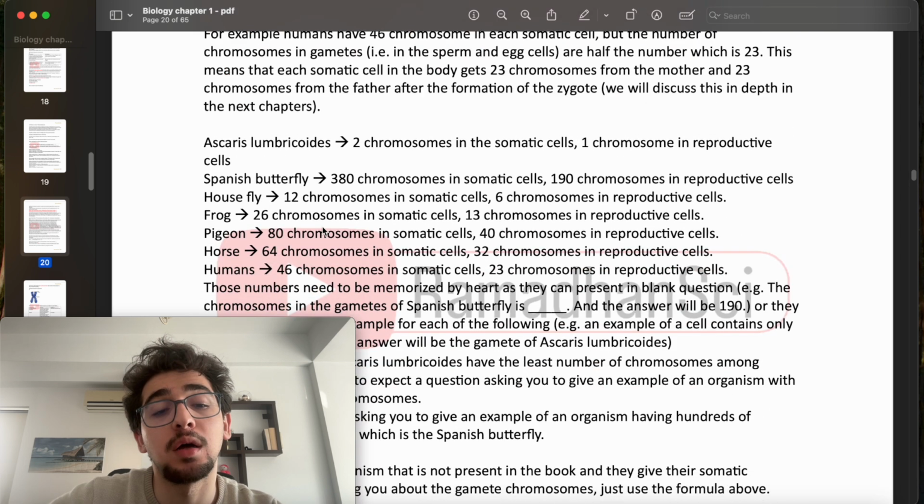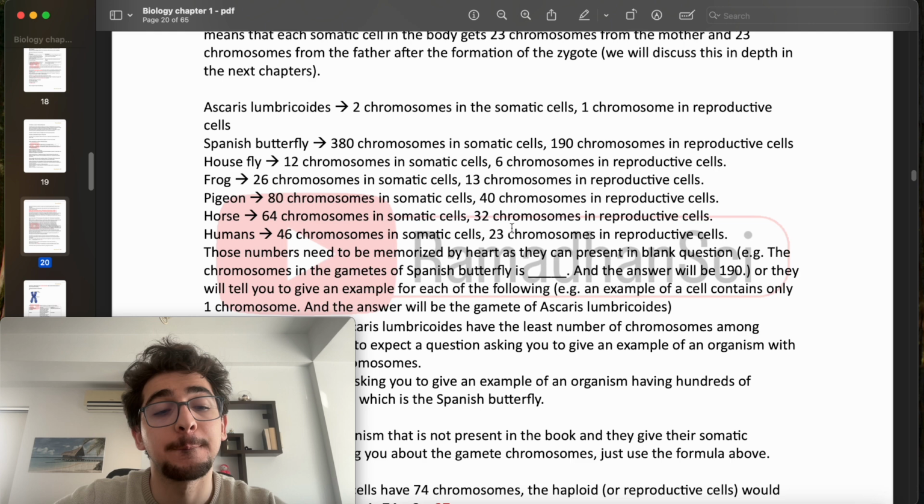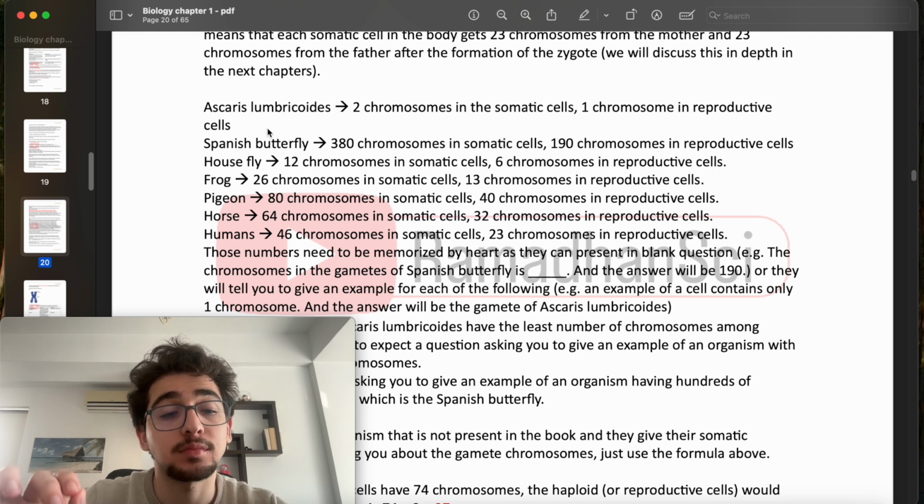The book does not focus on humans only. We also have other species that you have to memorize, because those numbers can show up in your exam as either a blank question or give an example for each of the following.